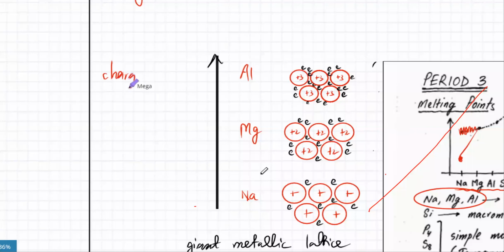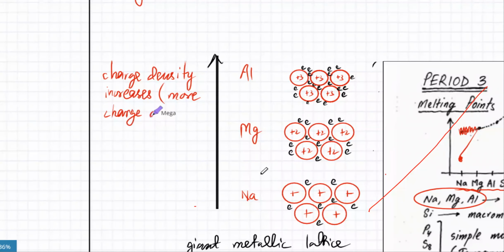What that means is you've got more charge on a smaller ion. So that is one, charge density increases.